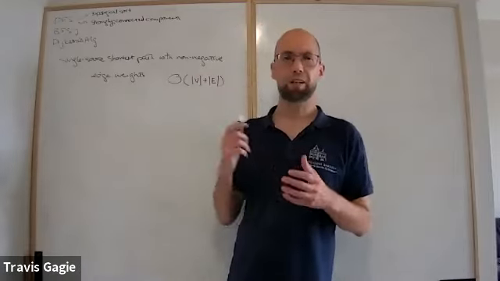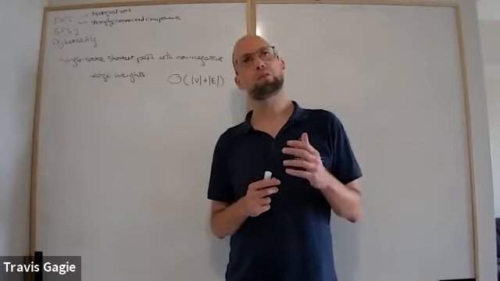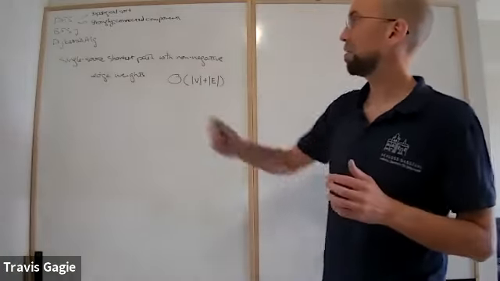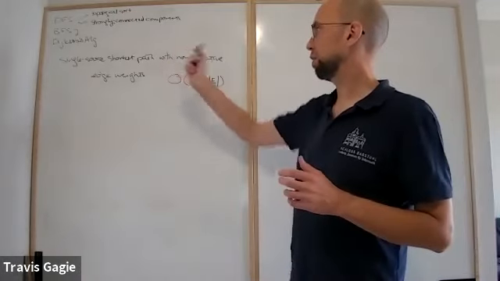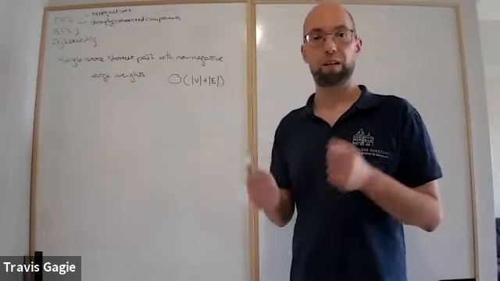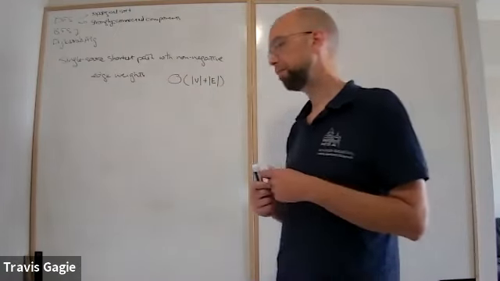You can deal with negative edge weights. And there are algorithms, even if you have non-negative edge weights, for finding all pairs shortest paths that are faster than running just Dijkstra's.